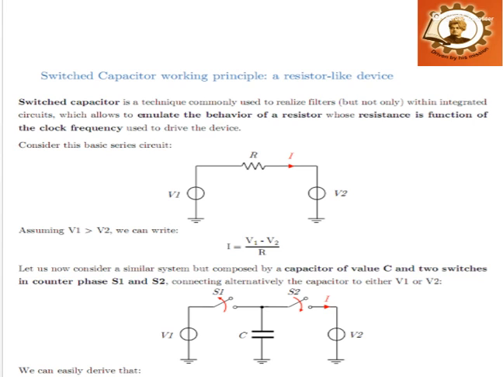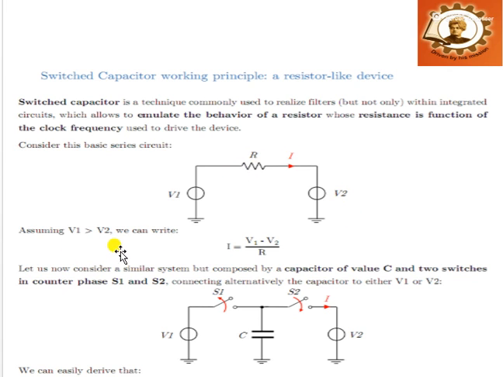Next, let us go to the idea of how a resistance can be realized by using a switch capacitor. Suppose a resistance is connected between voltages V1 and V2, and some current I is flowing through that resistance.